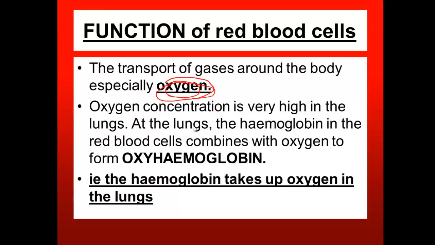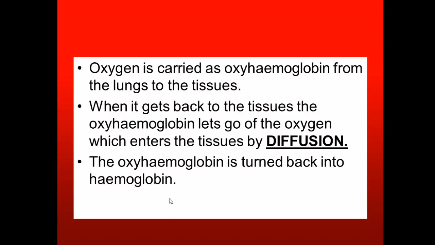And oxygen concentration is obviously really high in the lungs, and so in the lungs, hemoglobin, the red blood cells, combine with oxygen to form this substance, oxyhemoglobin. So they pick up oxygen in the lungs, and then they carry that oxyhemoglobin from the lungs to the tissues.